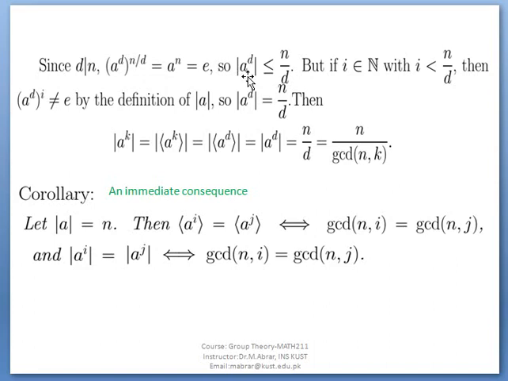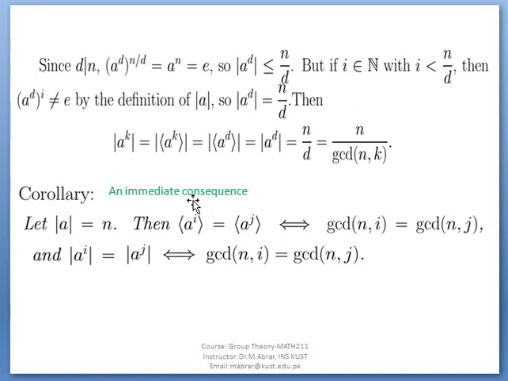So this simply means that the order of A^d cannot exceed n divided by d. For example, if we take any natural number less than n divided by d, then it cannot be, because of the definition of the order. So it means the order of A raised to d is nothing but n divided by d.